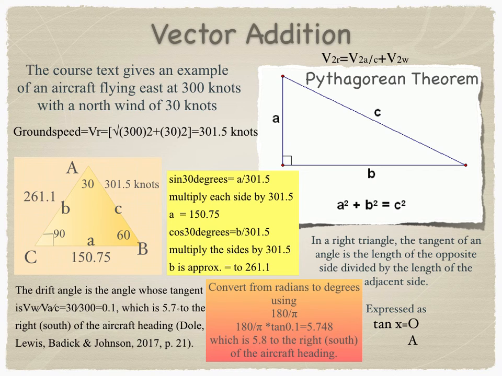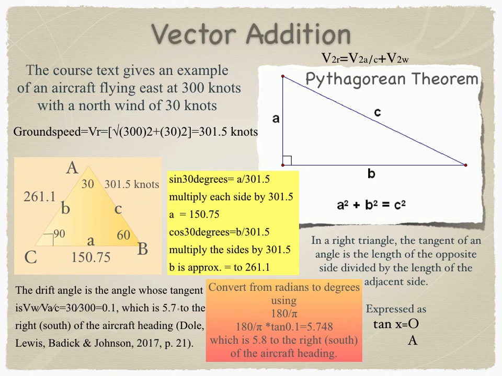So they're doing ground speed equals, so how did they get the 301.5 knots? Well, I'm going to tell you. So they take the 300 knots and put it in here and square it, right? So we know that that is the direction it's flying and how fast it's flying.